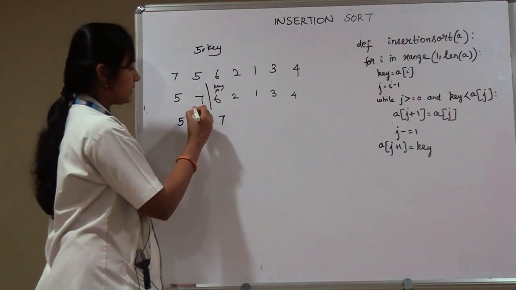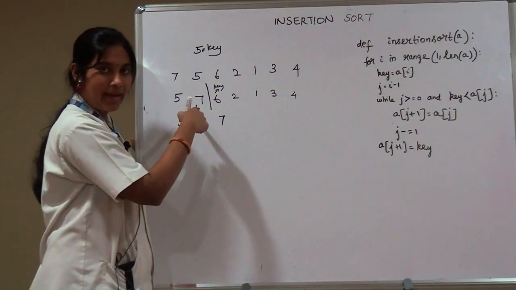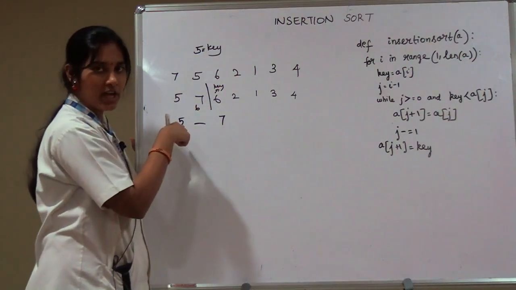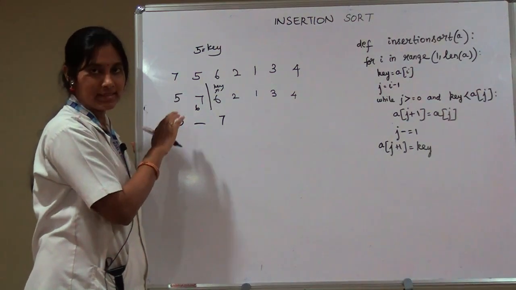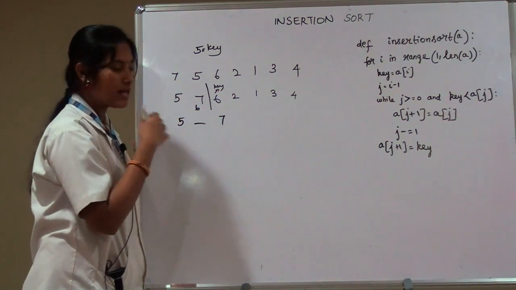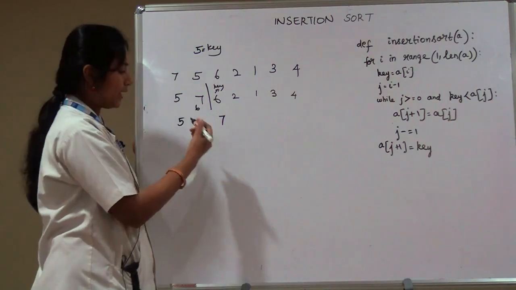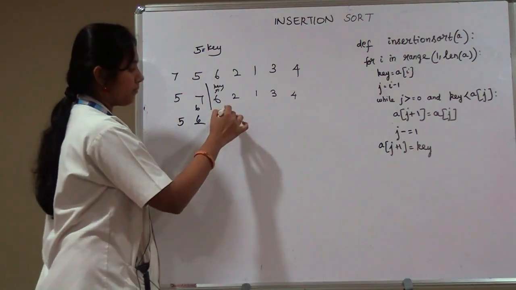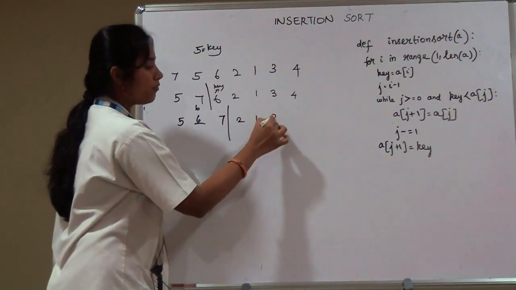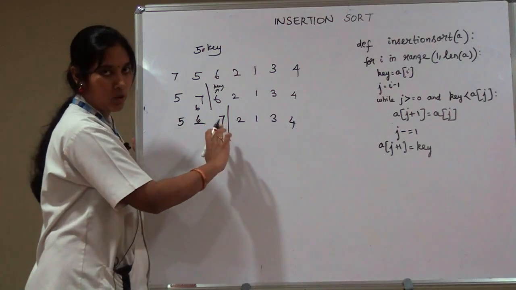My key is 6. Now I compare my key with the previous element again, which is 5. 5 is less than 6. So now you place the 6 in the blank position and finish. Now these three elements are sorted.